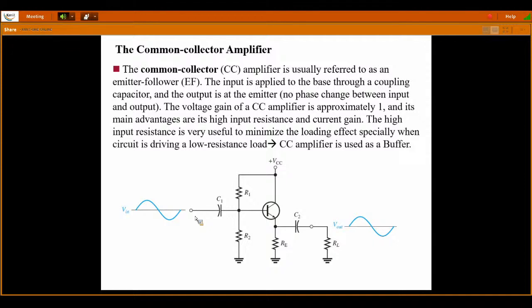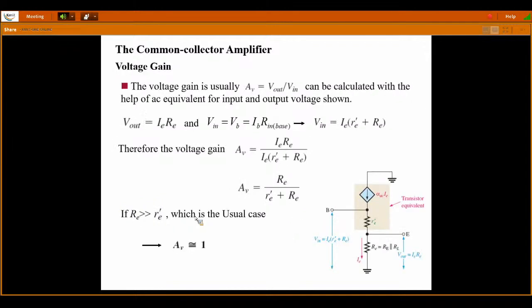Only one junction, base to emitter, is forward biased here. So whatever you apply at the base will be transferred to the emitter. Hence the voltage gain VE divided by VB is approximately equal to 1. So the only configuration which has unity voltage gain is the CC, as well as high input resistance.